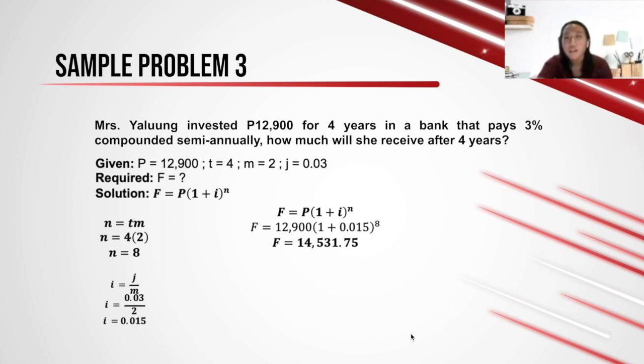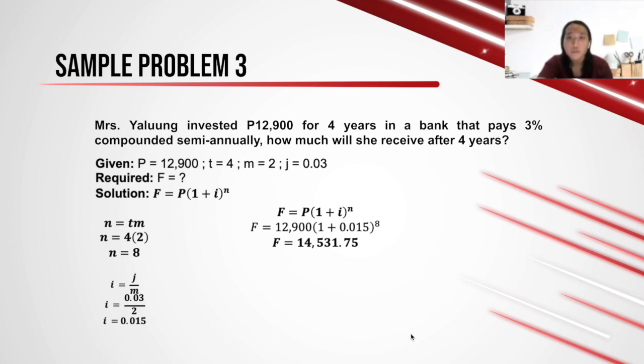First, we know that the formula for finding the compound amount is F is equal to P times 1 plus I raised to N. But then we don't have I and N. So first, we can solve for I given the variables we listed earlier, which is I is equal to J over M. So I is equal to 0.015. And then we can also solve for N. So N is equal to TM.